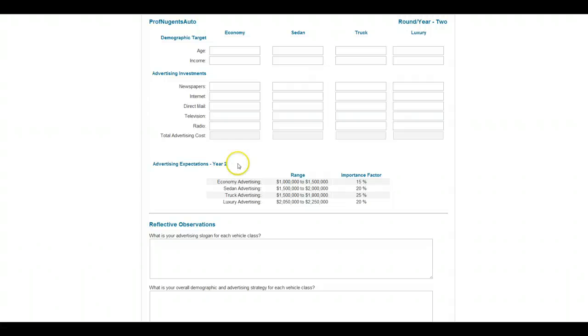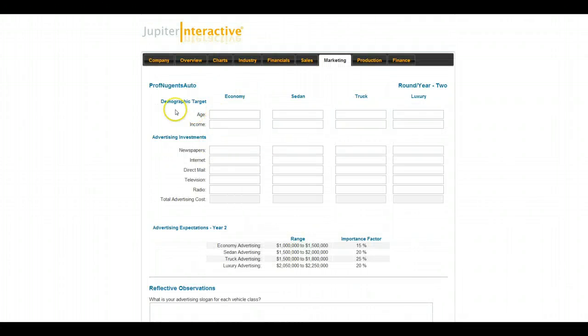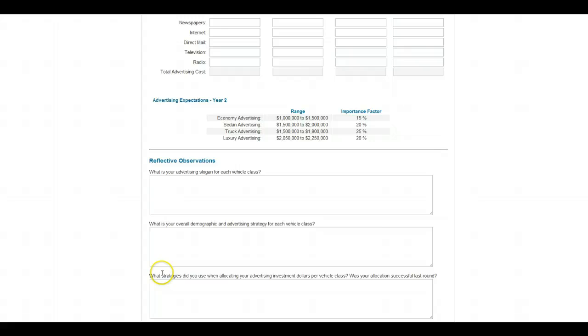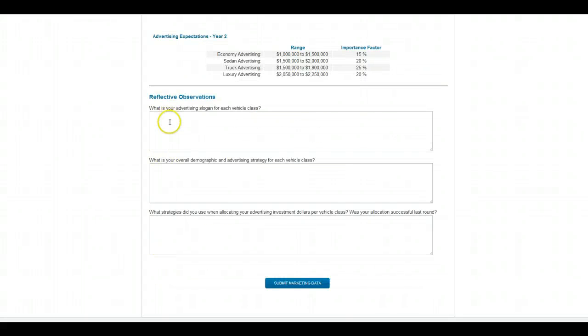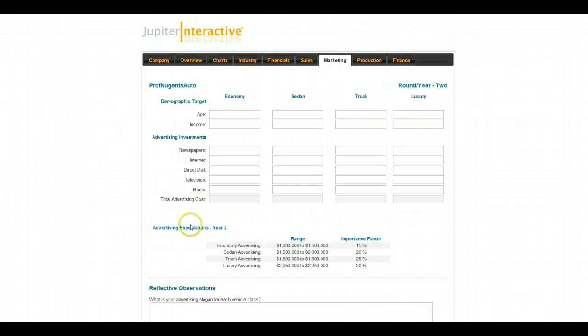Now, the demographic targets are important if you're filling out the reflective observations, because if you're going to have an advertising slogan or a demographic advertising strategy, meaning what strategies did I employ while allocating my advertising investment dollars, that's all part of the role play of the simulation and would tie in nicely to some of the competition chapters in Kellogg's.